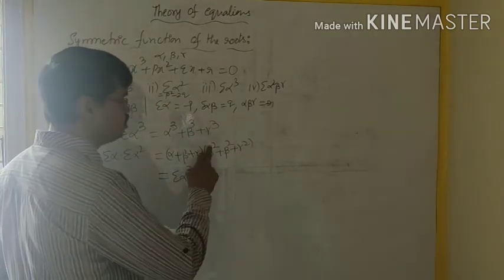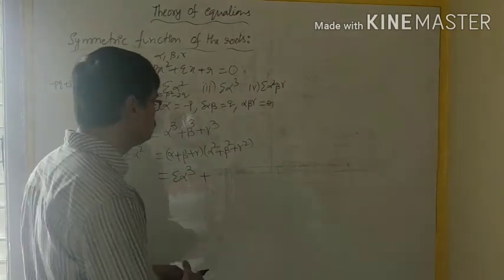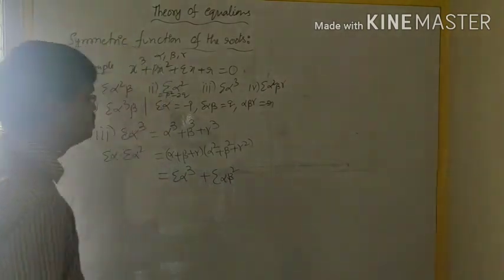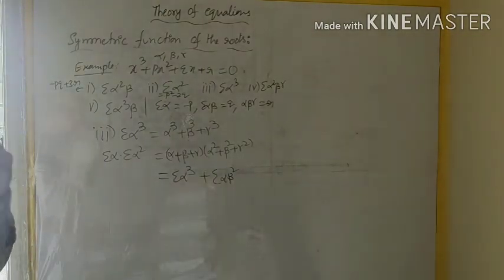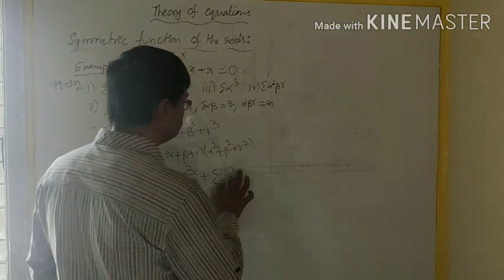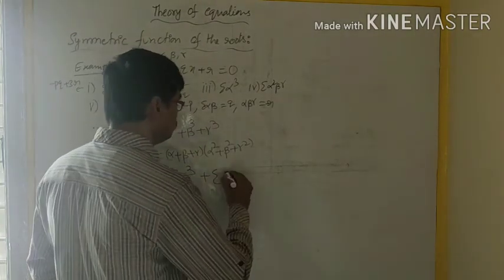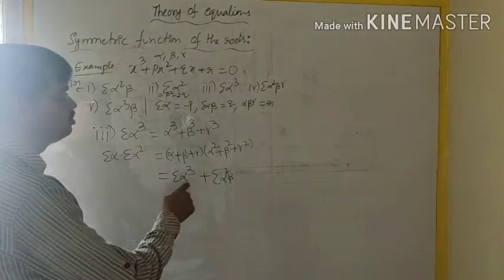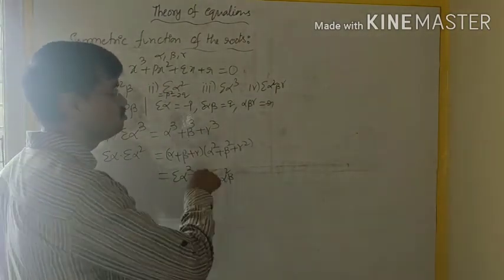Next, gamma into alpha square, gamma into beta square. So we can write this as sigma alpha beta square, or otherwise as sigma alpha square beta. That also you will get.